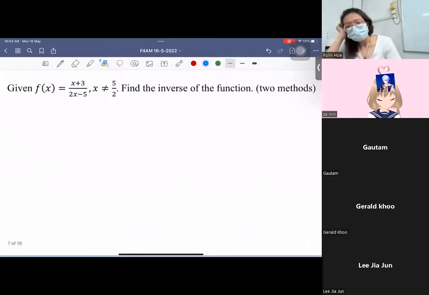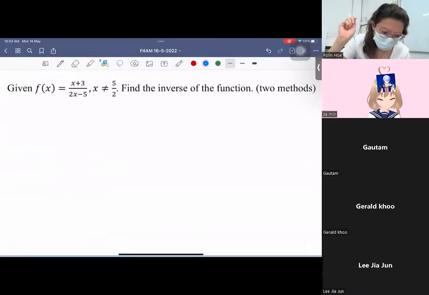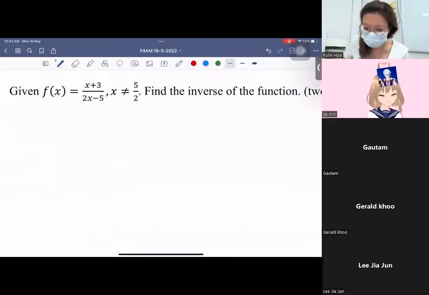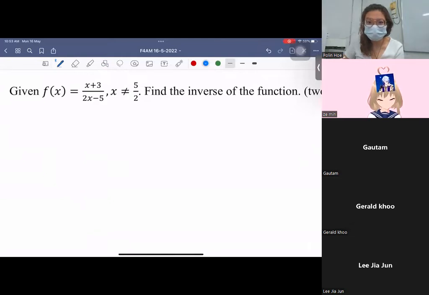Now, we have two ways to do inverse functions, and I'm going to show you both, and then you see which one you are more comfortable with. Actually, at the back, they are the same. f(x) equals (x plus 3) over (2x minus 5), where x is not equal to 5 over 2. Find the inverse of the function. The first way is we let y equal the function.